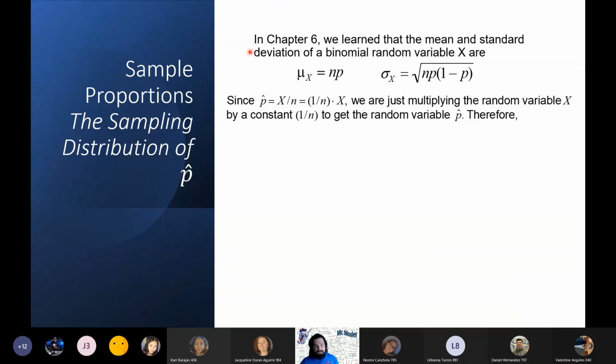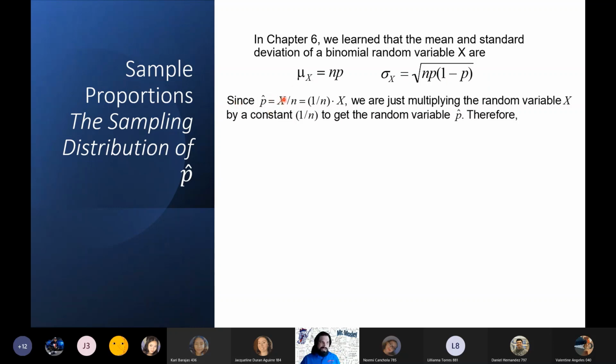Again, in chapter 6, we learned that the mean and standard deviation of a binomial random variable x can be found as follows. The mean of x is n times p, sample size times proportion of the population. The standard deviation of x is the square root of the sample size times the proportion of successes times the proportion of failures.